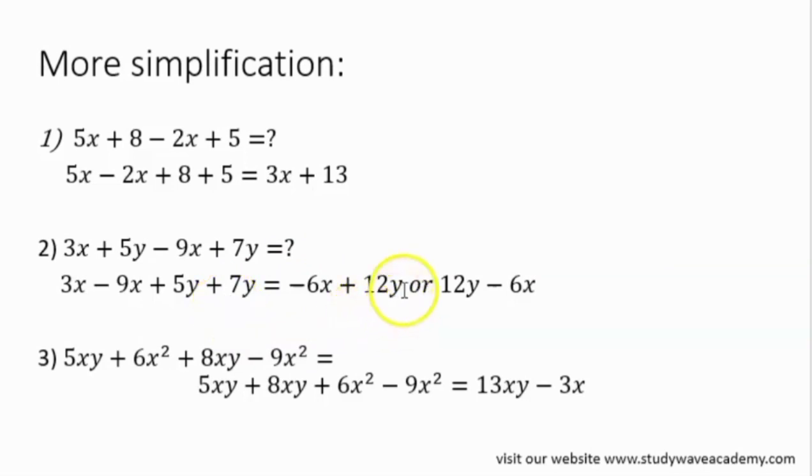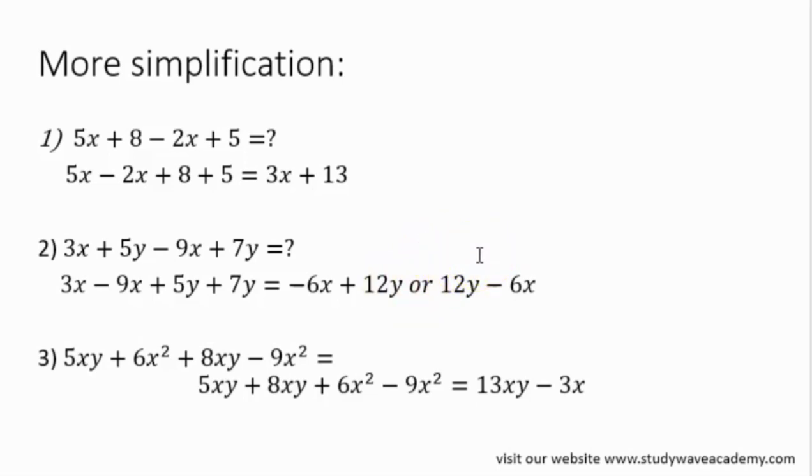It will give us 12y. So we say minus 6x plus 12y. This is our answer. Another way we can write it that is also correct is 12y minus 6x. We carry the 6 over. I hope we understood this lecture.